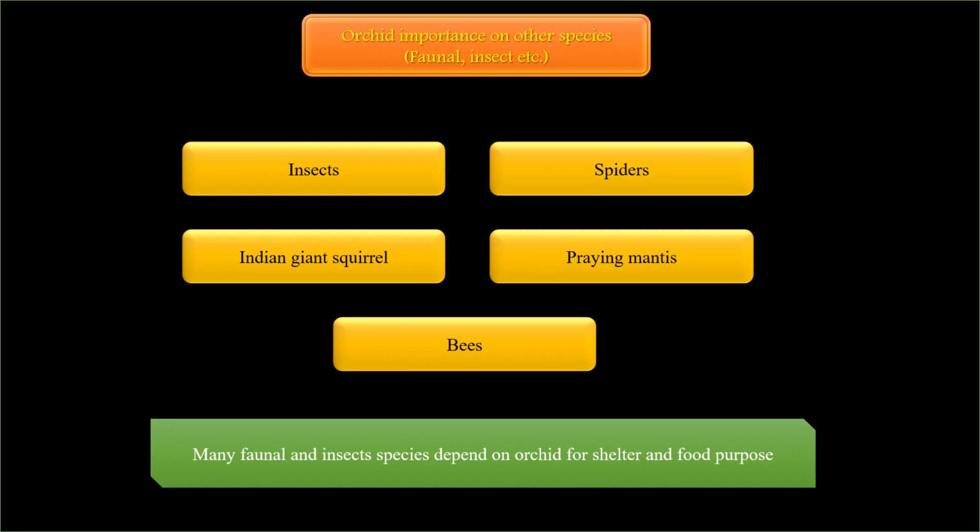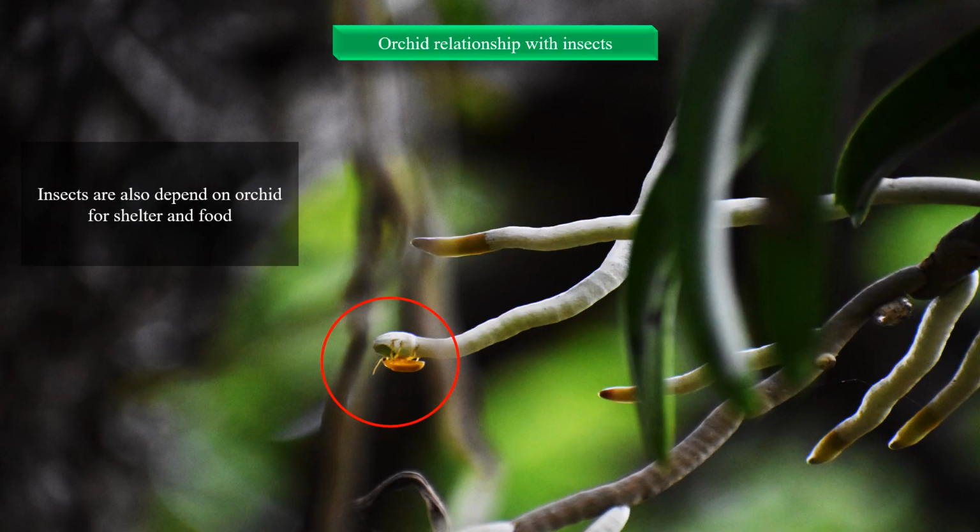So, orchid importance for other species: faunal insects and spiders, the Indian giant squirrel, the praying mantis, bees. Many faunal and insect species depend on orchids for their shelter and food. Here you can clearly see the orchid's relationship with insects. Insects depend on orchids for their shelter and food.